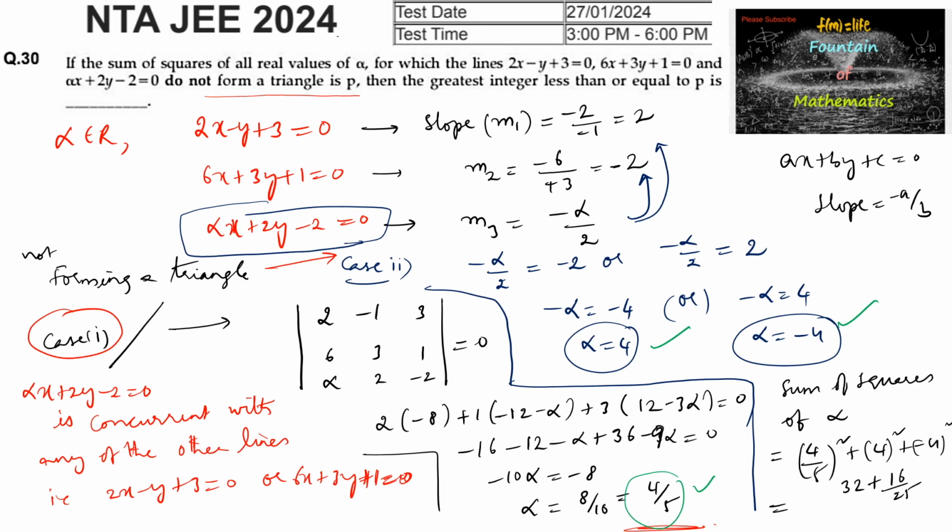So 16 by 25 is a decimal value, and we want the greatest integer less than or equal to P. So this is P here. So the value of P is 32 plus 16 upon 25, and since 16 upon 25 is a decimal less than 1, we can say 32 is the answer.